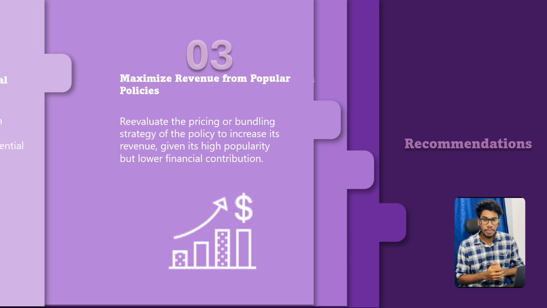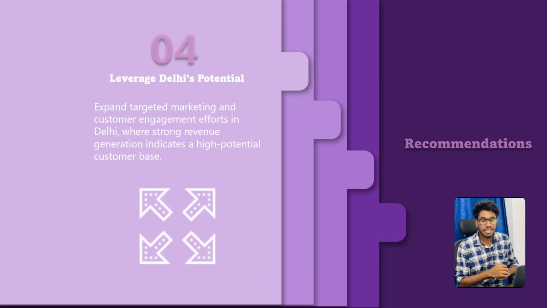Coming to the fourth recommendation, leverage Delhi's potential. As we saw, Delhi has a high potential customer base. If they expand targeted marketing and customer engagement, they can make even more revenue and build a strong base for the company in the future too.